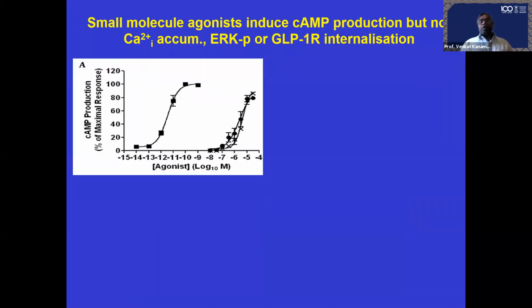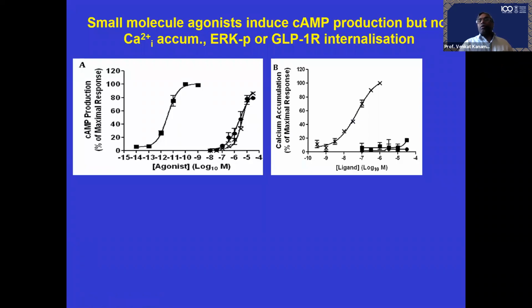When we compare, though we need a much higher concentration of the agonist, we can get cyclic AMP activation of the receptor to the same extent as GLP-1. But surprisingly, these small molecules don't induce calcium accumulation, indicating that they won't activate the GLP-1 receptor to couple to the Gq pathway.